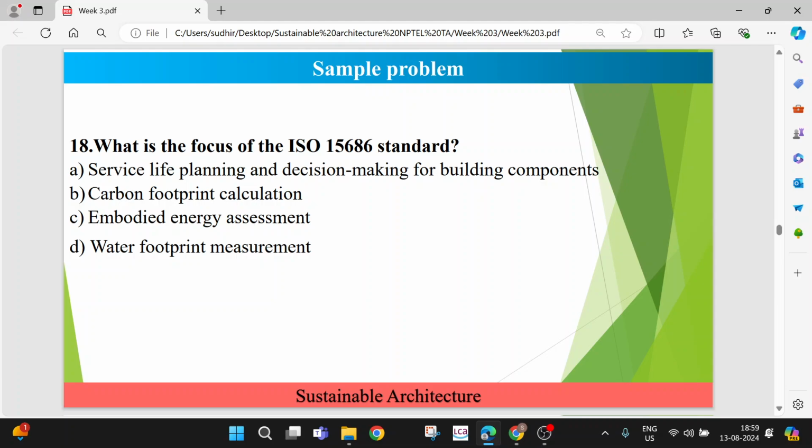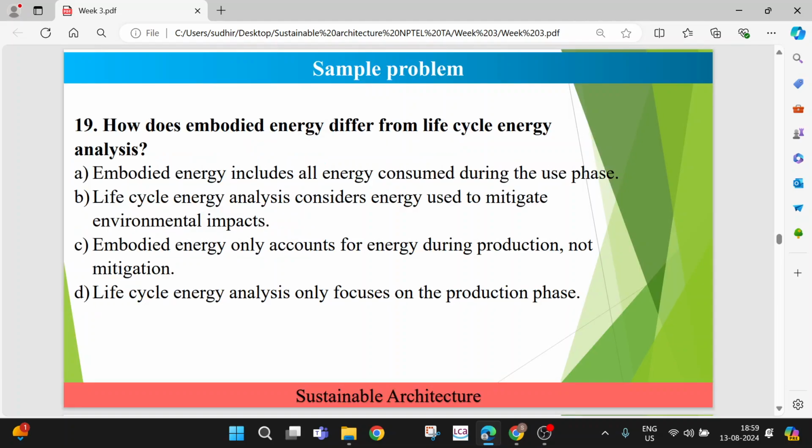Okay, yes, sir. Here is question number 19. How does embodied energy differ from life cycle energy analysis? Option C, sir.